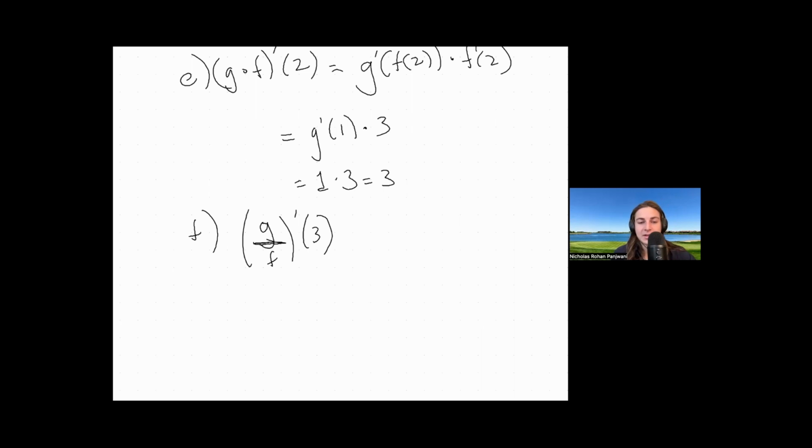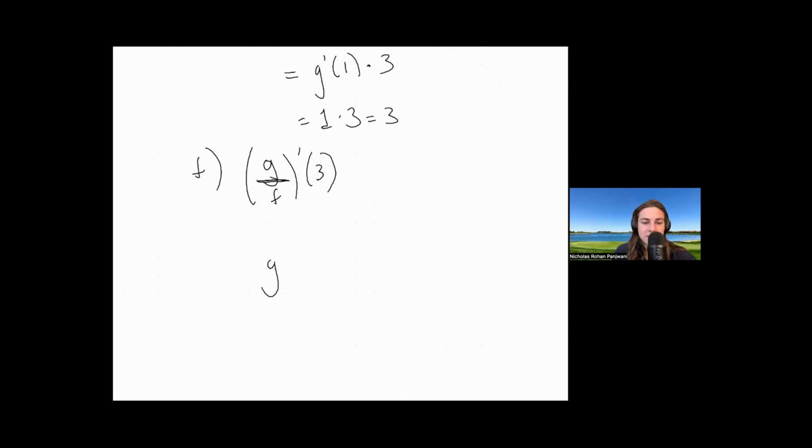And then we also have this quotient rule. So whenever you have a ratio of two functions, I'm going to rewrite it as f of x over g of x, and we take that in parentheses or brackets, and we're taking the derivative of the quotient. A fraction, another way of describing that, is the quotient.